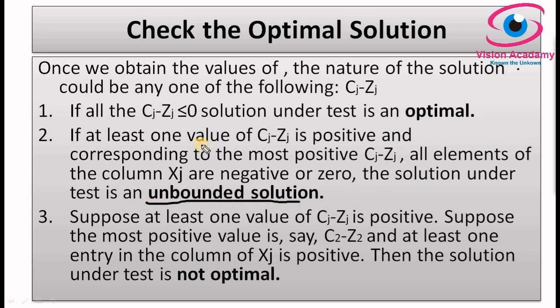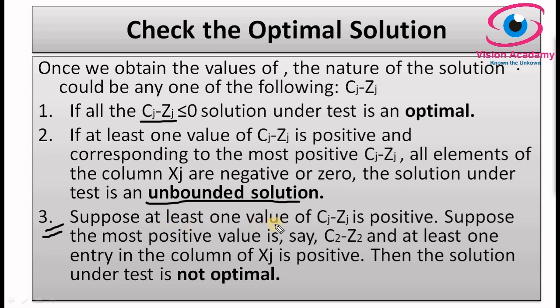Okay, one thing: in either of the two cases you will stop the procedure. One, when all the Cj minus Zj are lesser than or equal to 0, and two, when there is an unbounded solution. Otherwise, if there is only one positive value, how to treat that value? You can refer to the third point for that.